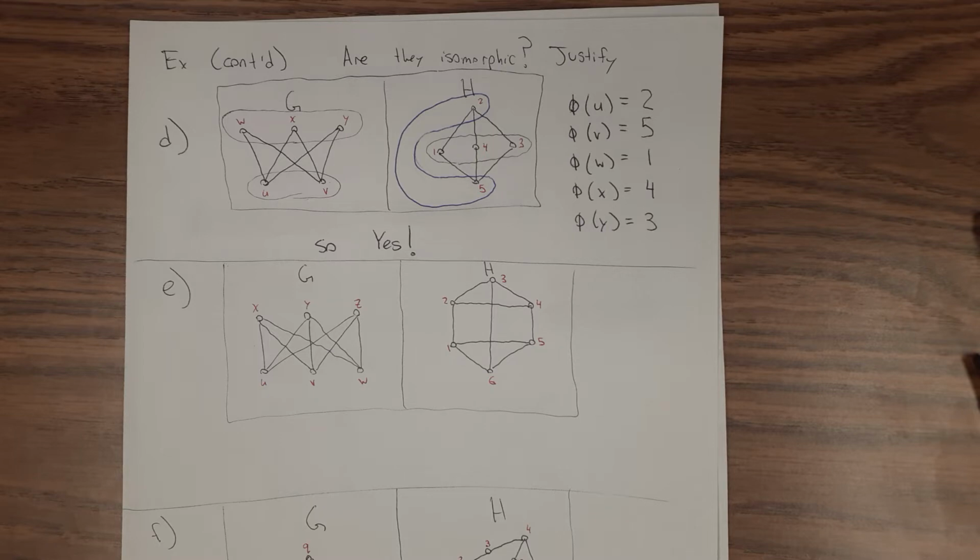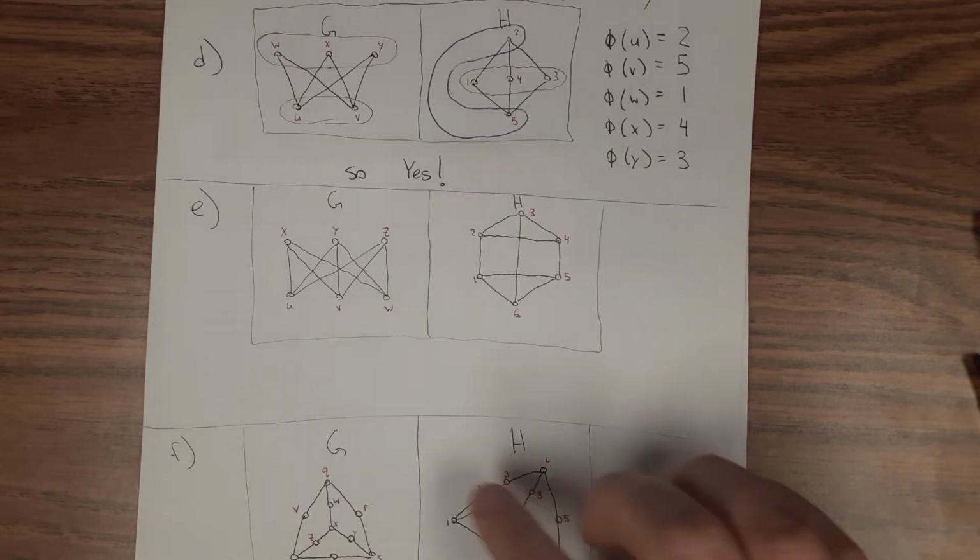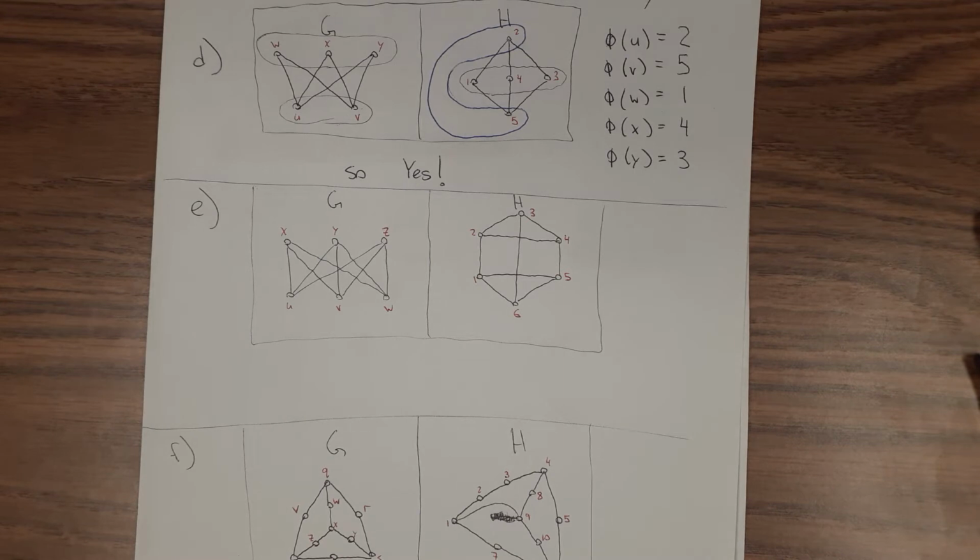But like I said, I'm not going to give you one that's super hard. I'm not going to give you one on a million vertices. I probably won't even give you one on 10 vertices. Although, well, my last example actually has 10 vertices, but I won't go too high.